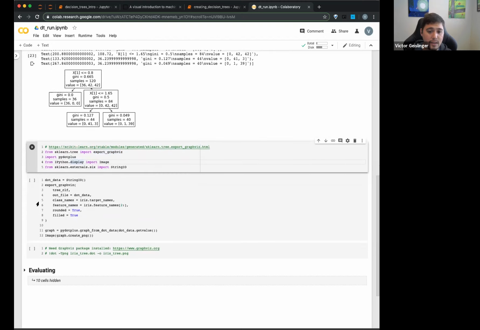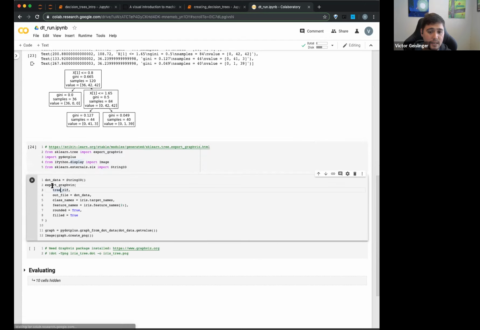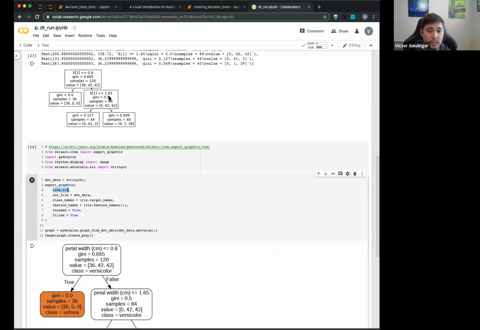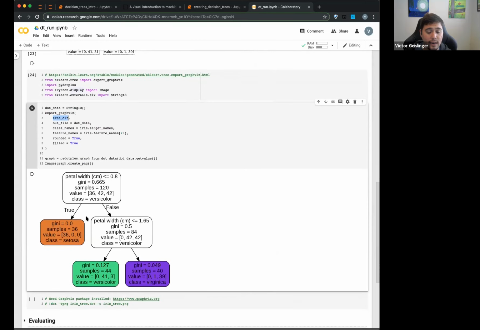When I run this, I'm importing all these different packages, and essentially I'm getting the same exact tree classifier here, with some funky magic. In the end, with the tree classifier, I'm saying, make a visual for me. This is a nicer, cleaner version. You can see where it ends and the different values.